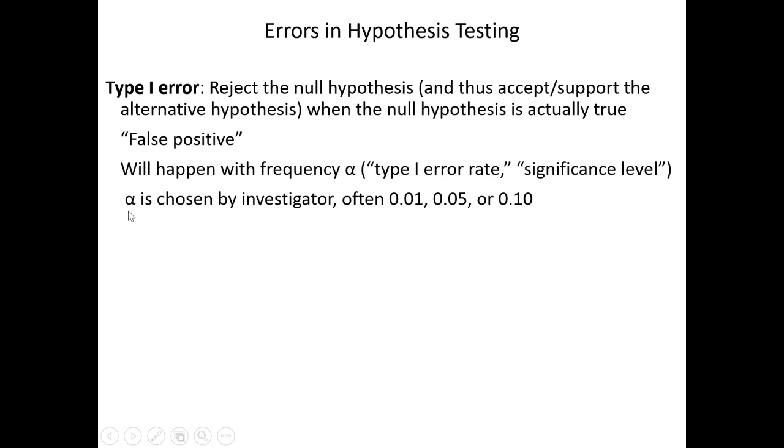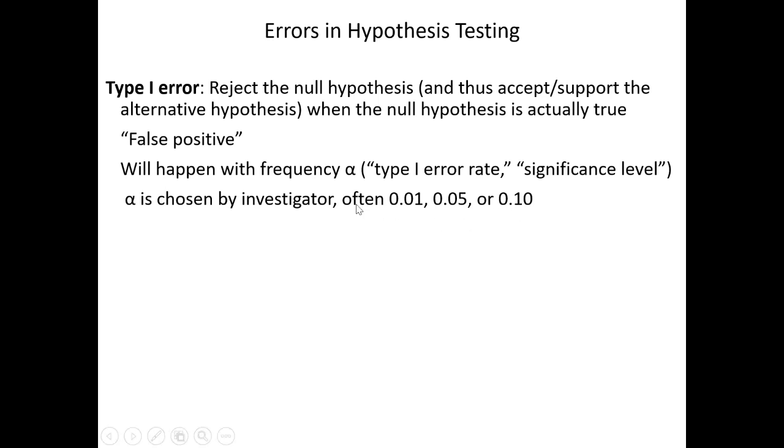And that's symbolized by a quantity alpha. So remember those percentages from the beginning, 1%, 5%, 10%? Those are the significance levels, or alphas, indicating that we're willing to accept that a type 1 error would occur in 1% of samples, 5%, or 10% of samples.